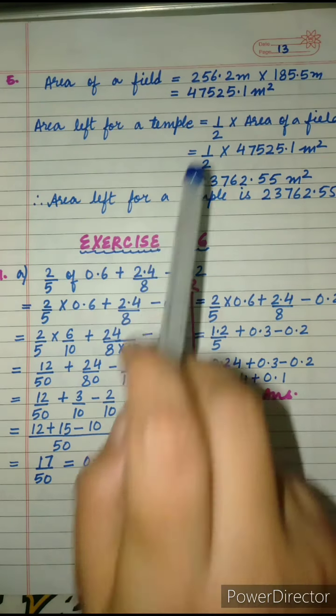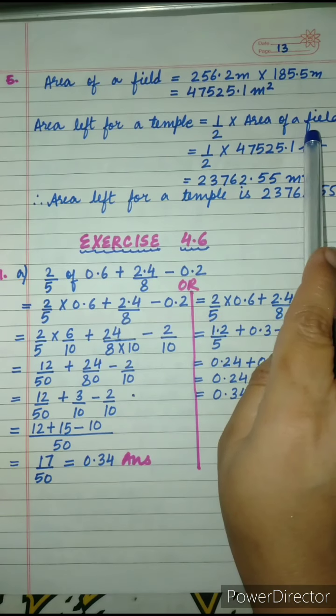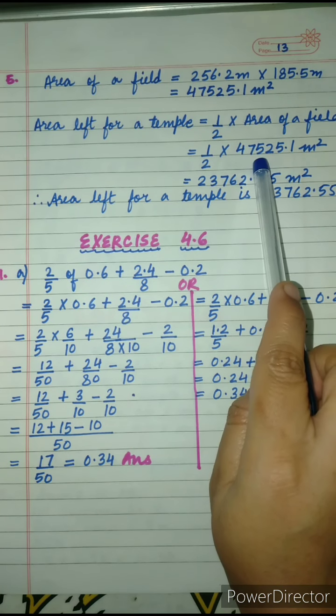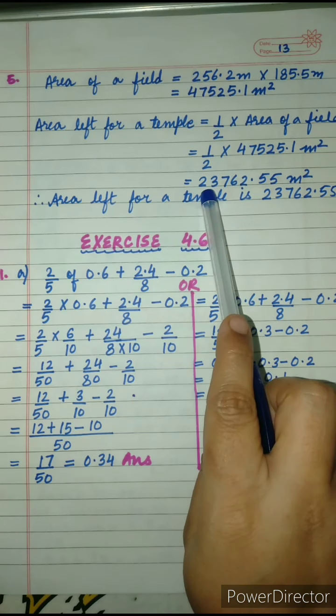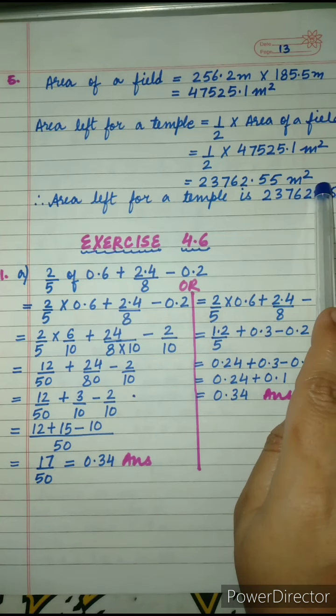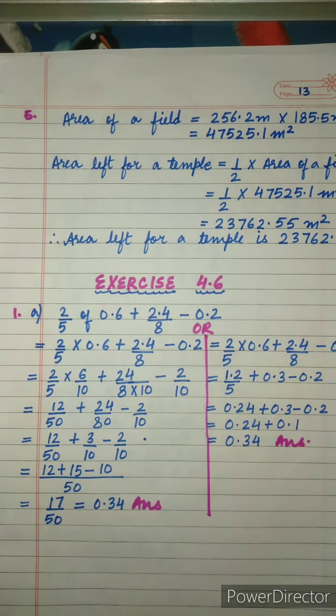We have already found the total area of the field, and what will be the half? So half into the area of the field will be half into 47525.1 meter square, that will be 23762.55 meter square. Therefore the area for a temple is this.